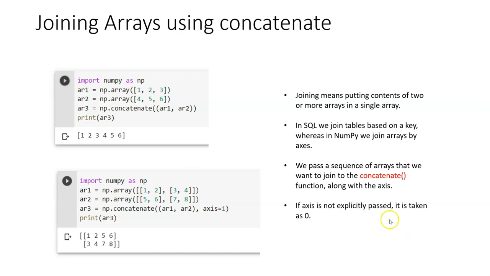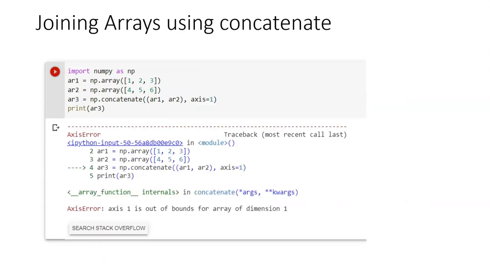If the axis is not explicitly mentioned, it will be taken as 0. When you take axis as 1, you are creating a two-dimensional array. So here the concatenation happens along axis 1. Do you understand? So I have joined two arrays and I have created a new array.